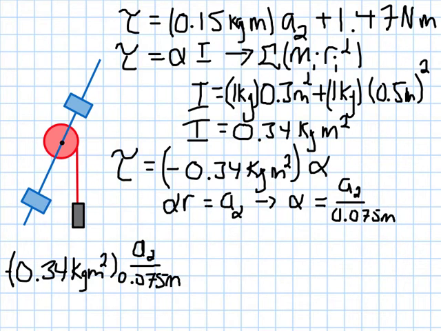These torques, I have two equations for torque. They are the same torque. Remember, one describes the cause of that torque and one describes the effect of that torque, and so we can set those equal to each other.